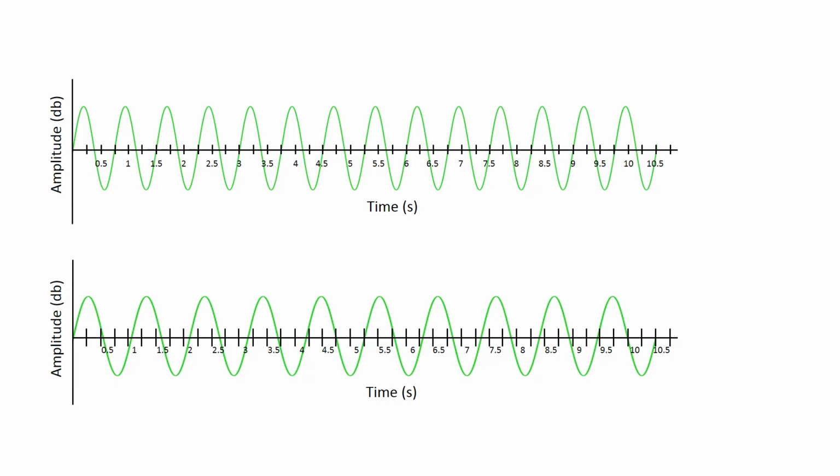Look at this picture. In both the diagrams, the x-axis measures time. Now, if you count the number of complete waves in the upper diagram, you will see there are 14 of them completed in 10.5 seconds. Whereas, in the lower diagram, there are 10 waves completed in the same time of 10.5 seconds.